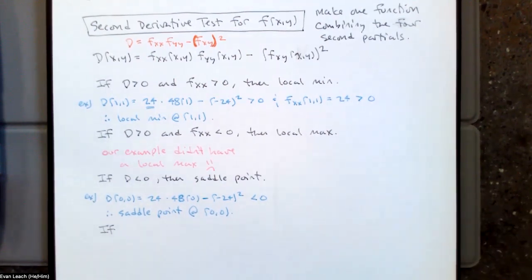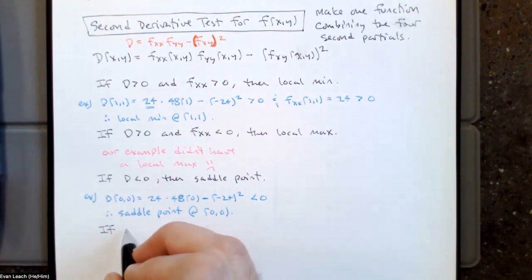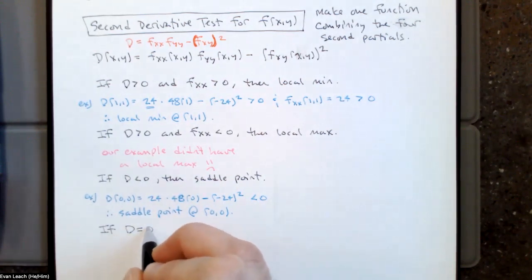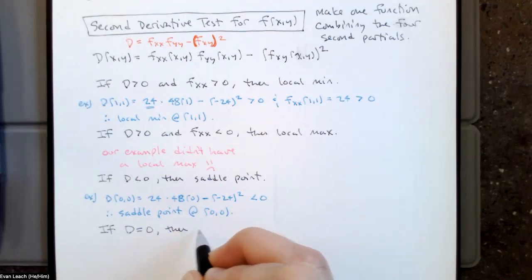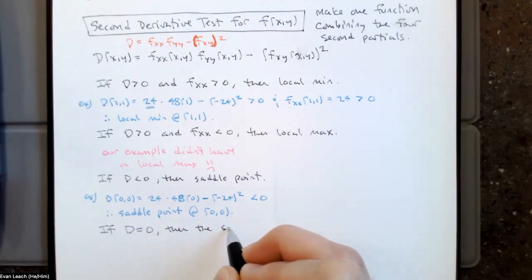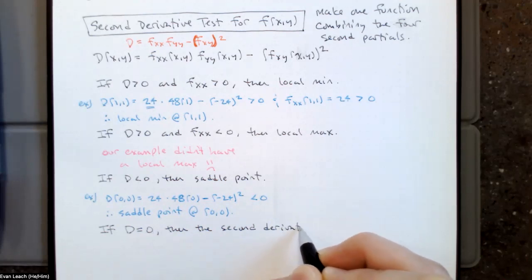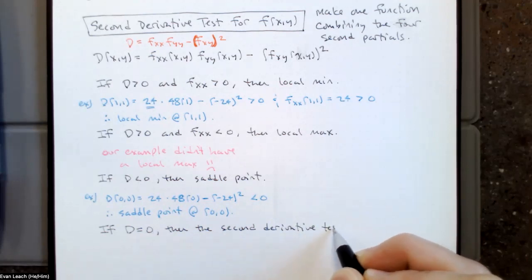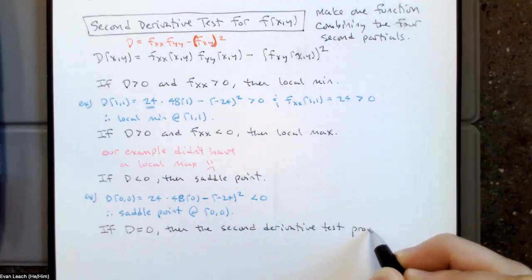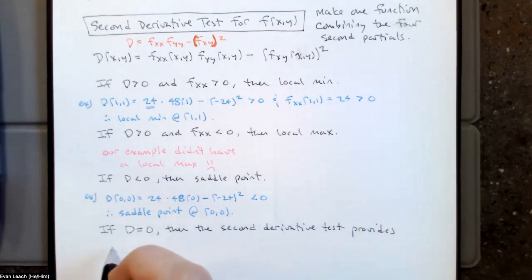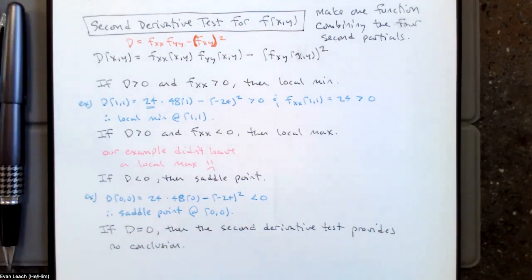If d is equal to 0, if this d function is equal to 0, then the second derivative test provides no conclusion.